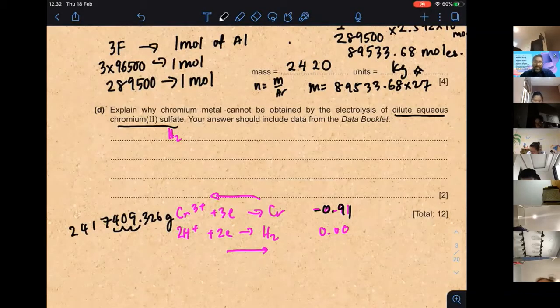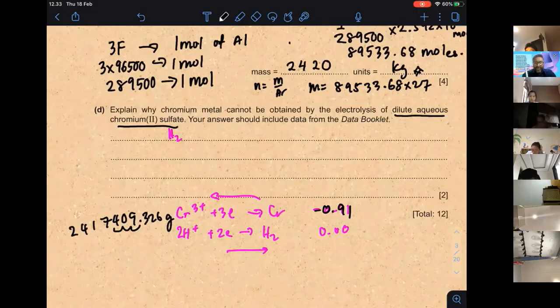So what happened is, if you're using chromium metal, the one that will be attracted to the anode will be the anion. It's not the sulfate ion. Hold on, it's going to be why chromium metal cannot be obtained by electrolysis.